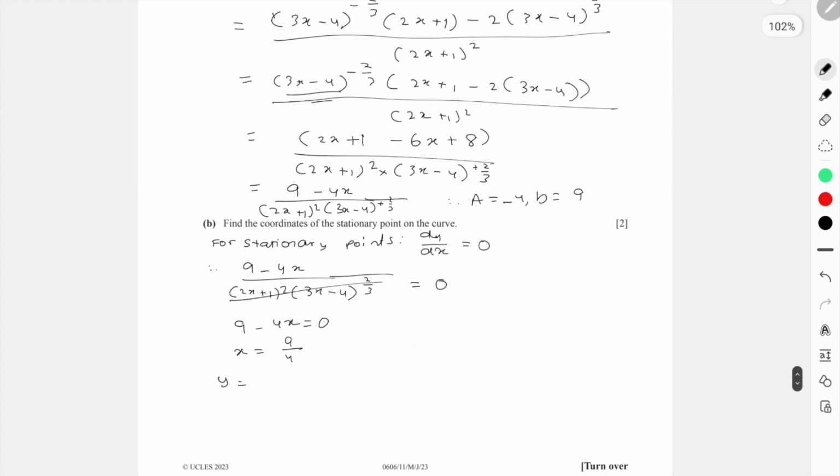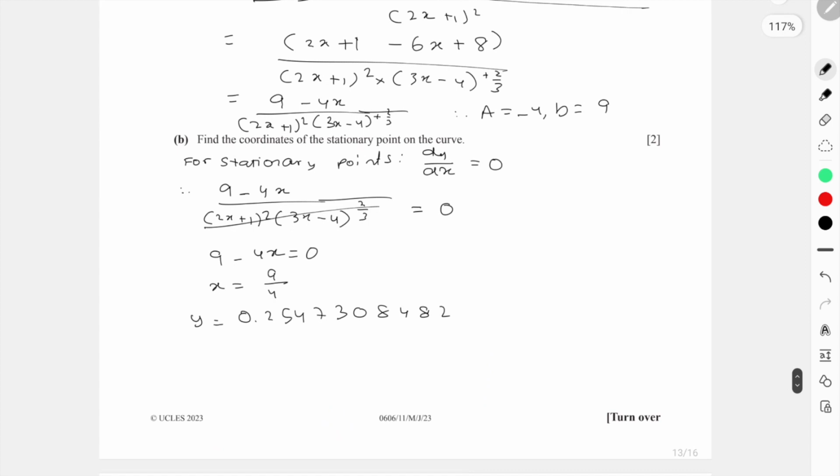And for this one, if you plug this into your calculator, you get 0.25473084 and so on. So therefore, we can write this as 2.25, 0.255.